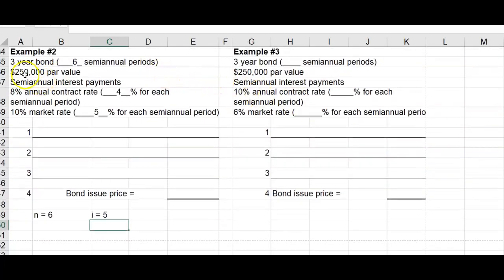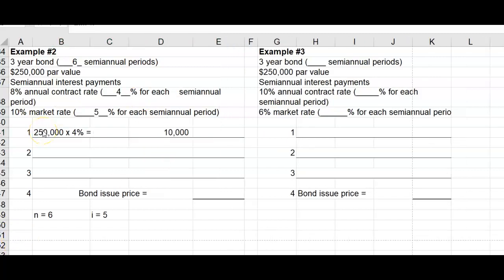The par value is $250,000 times 1/2 of the contract interest rate, 4%, equals, so each semi-annual interest payment will be $10,000. Step 2.